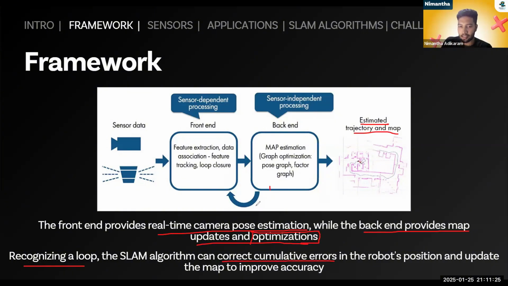This feedback loop is the main thing happening there. It corrects the errors so that we can get the robot position and update the map to improve accuracy. That's the main process in SLAM that we are going to learn about today: we will have a front end and a back end.